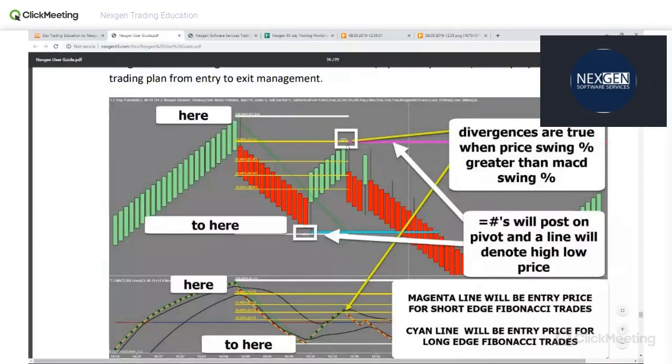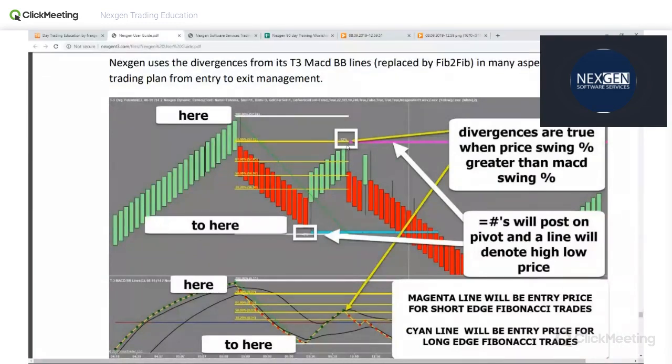Potential divergence is just that. It's a live mismatch in the retracement percentage between the price swing and the MACD swing. It doesn't always materialize, and sometimes you can have potential divergence for 100 ticks all the way up or down. So we don't worry about potential divergence, but it does plot live on the bar.